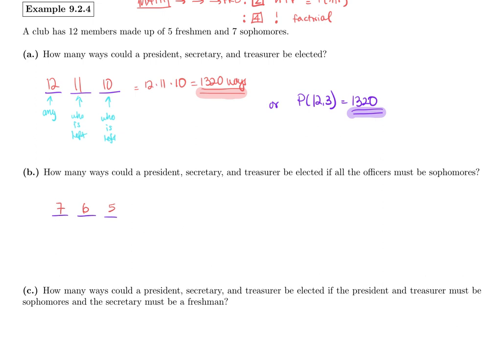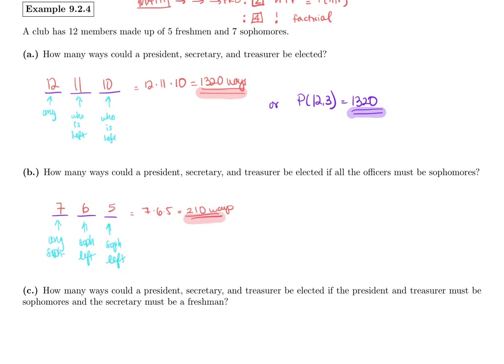Any sophomore, then the sophomores that are left, and then the sophomores left after that. So 7 times 6 is 42, times 5, so 7 times 6 times 5, which is 210 ways.